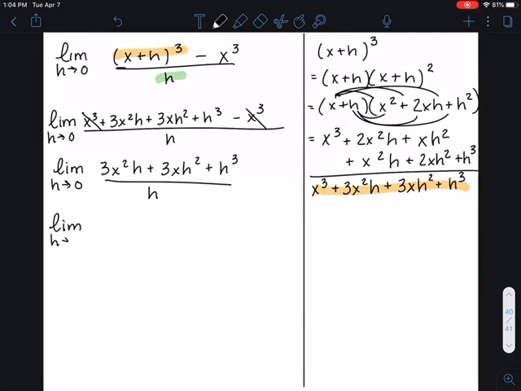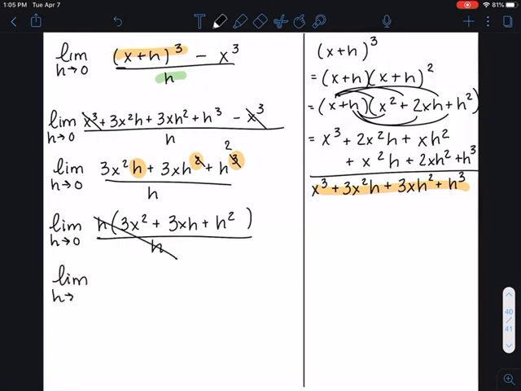So you can go ahead and separate these fractions, or you can factor out an h. I'm going to do that because it'd be easier. So I'm going to take away an h from everything. If I took away one of these h's, this becomes just h, and one of these becomes squared. So I have 3x squared plus 3xh plus h squared. Now I can cancel my h's.